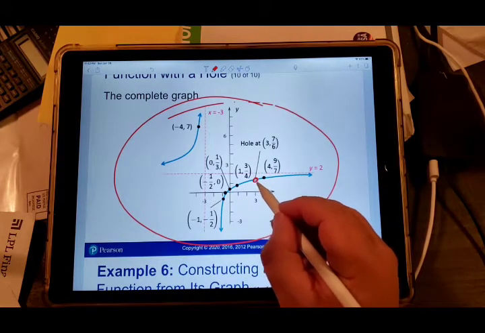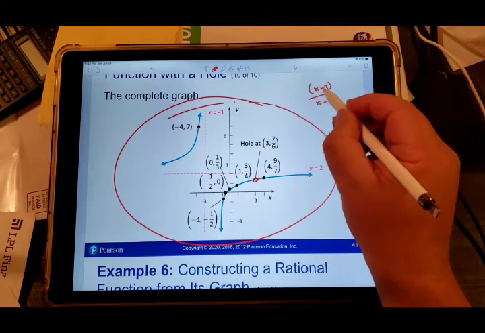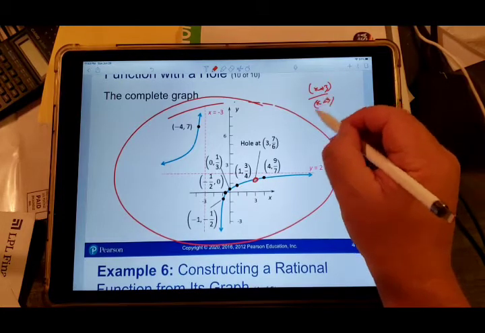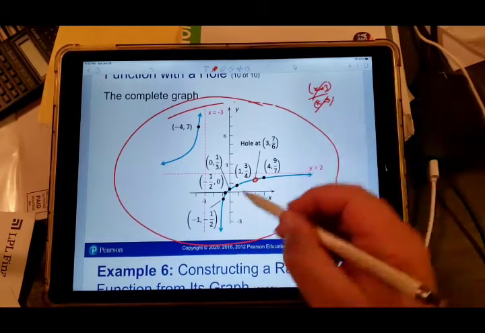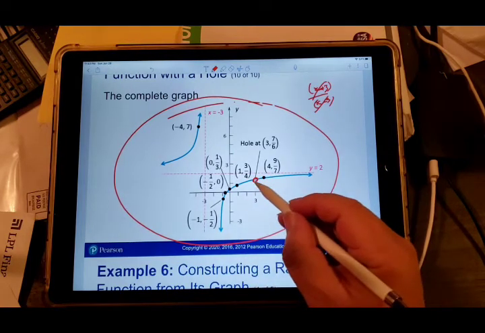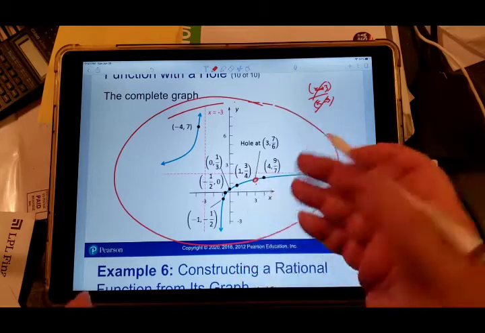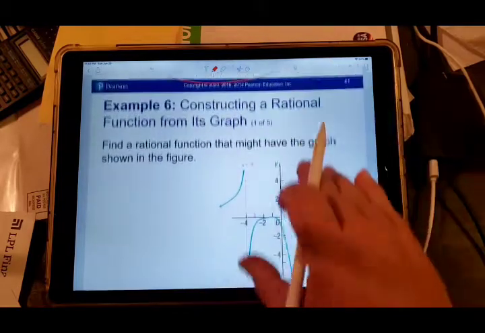So remember the problem actually had an x plus 3 or x minus 3 that got canceled in both the numerator and denominator. So we have to acknowledge that was originally part of the problem, and therefore we put that hole.